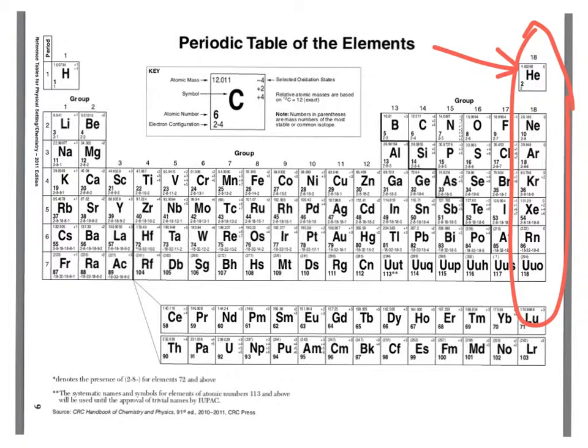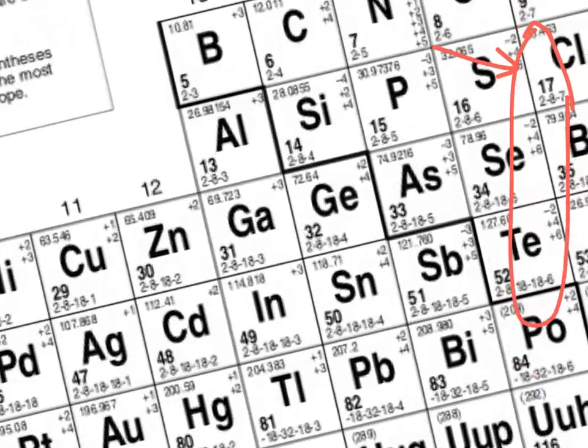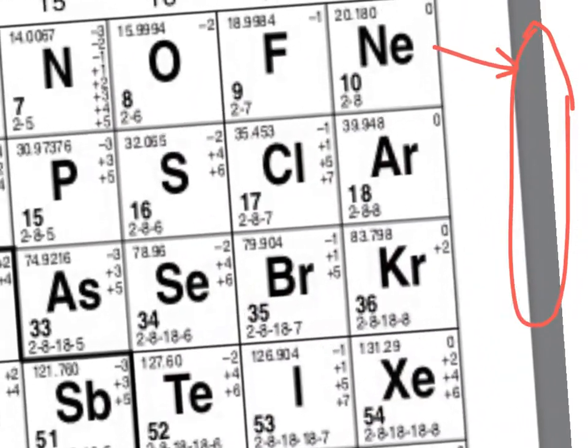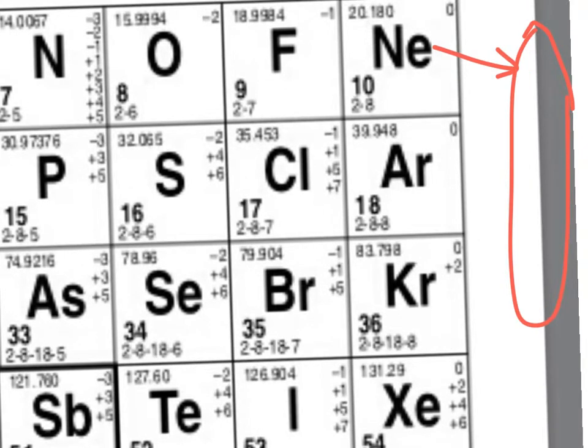The others, if you look very carefully, let me zoom in. You'll see that they all have 8 valence electrons. 8, 8, 8. That means their valence shell is full. When fluorine gains that 1 electron, its electron configuration becomes just like neon's electron configuration.